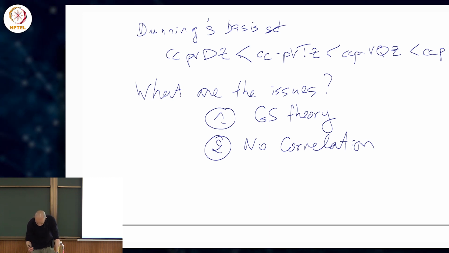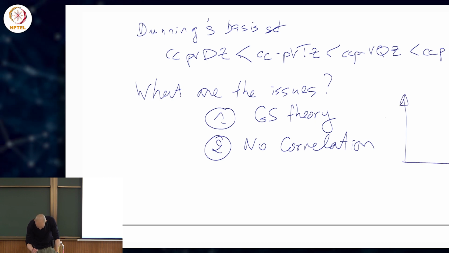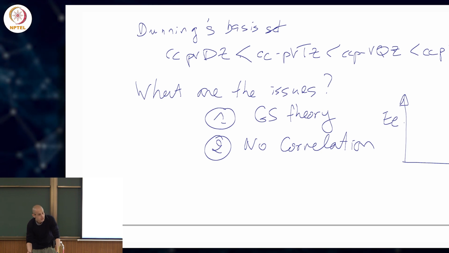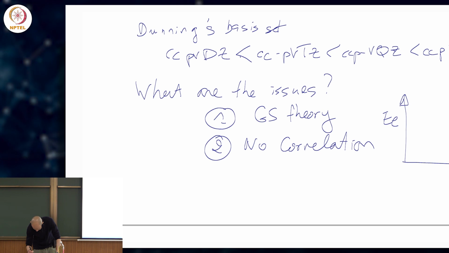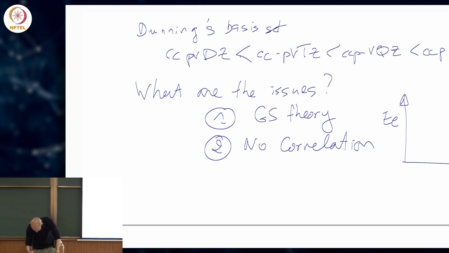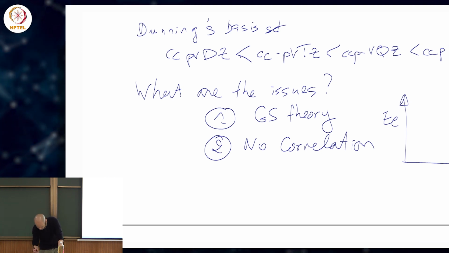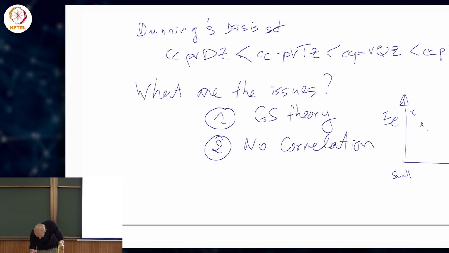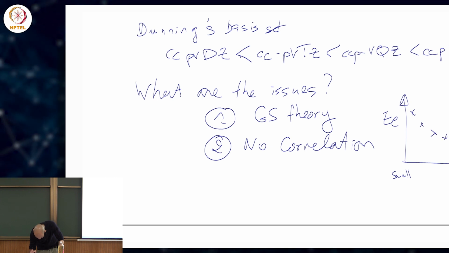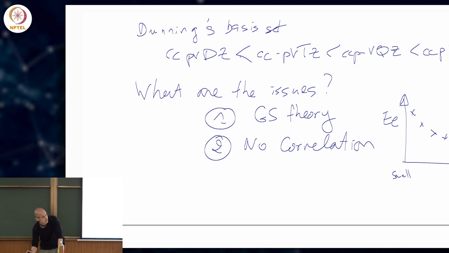If you draw the electron energy as a function of the basis set size, that means the number of Gaussian functions that you include in your calculation, so here you have small basis set, large basis set. As I said, the energy changes until it doesn't depend on the size of the basis set.